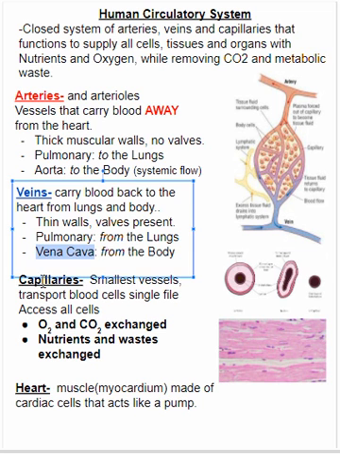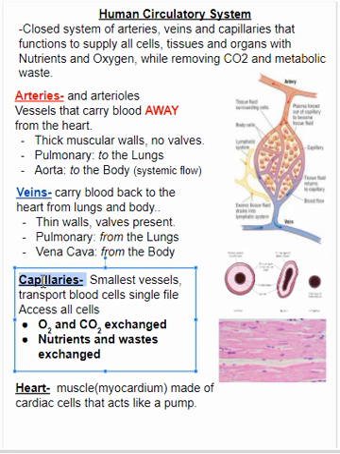And smack dab in the middle, in all of the organs of your body, are the capillaries. These are the smallest blood vessels, and they transport blood cells, nutrients, oxygen, salts, sugars, everything you need. It gets delivered to the cells via the capillaries.